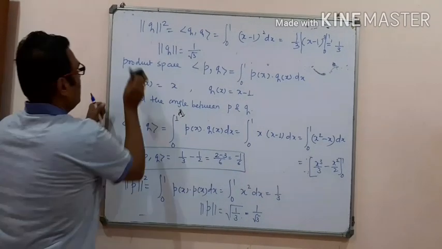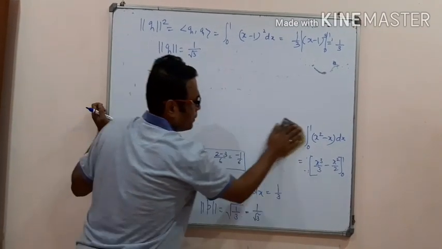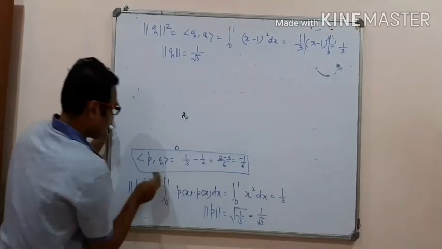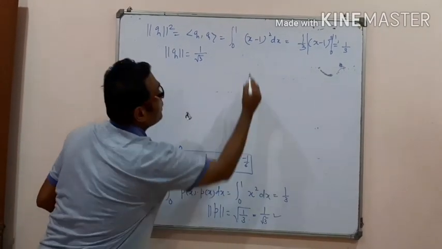So we have three values. One is this one, second one is this, and third one is this.